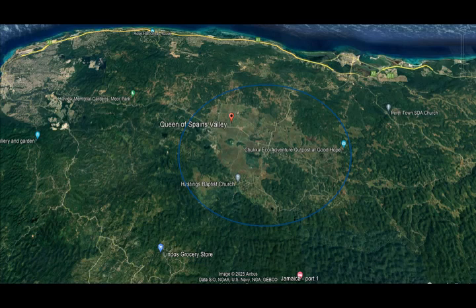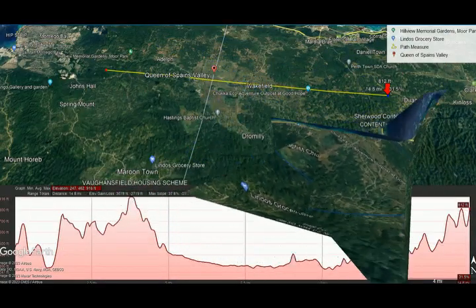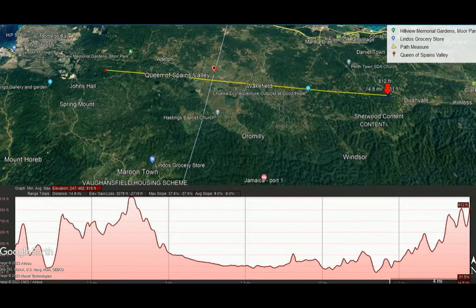Now, here we have a profile of the area. All right. So if you look down here, you see where you have a depression. This line here is drawn along the entire Queen of Spain Valley. What it does is give you the elevation.